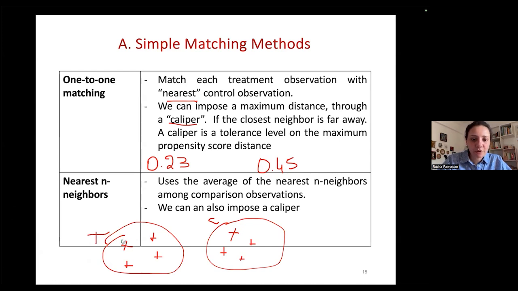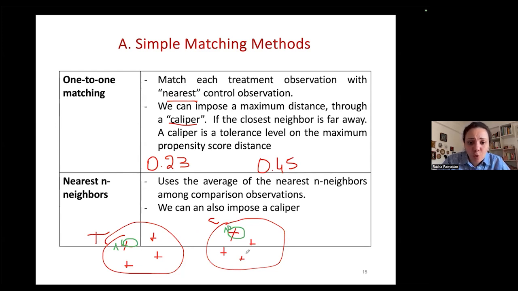For this individual, assume it is individual number 1, and this one is the closest. If I use one-to-one matching, I will match number 1 of the treated with number 10, for instance, from the control.